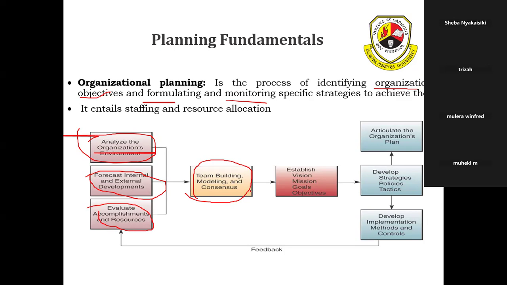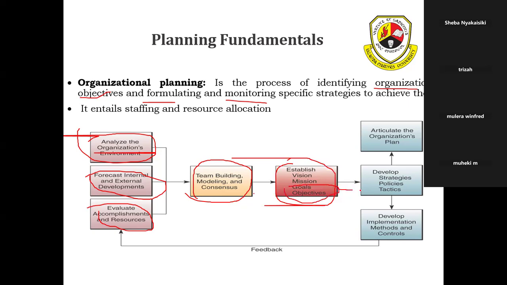A team is built, and their purpose is to analyze the organization and the environment, both internal and external. Once you have that image of yourself as a team, you've modeled yourself and understood where you want to go. You establish a vision and mission statement if this has not been done. You establish goals and objectives for where your organization needs to go.